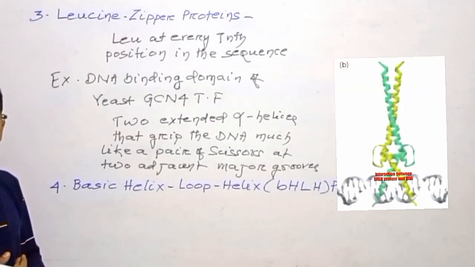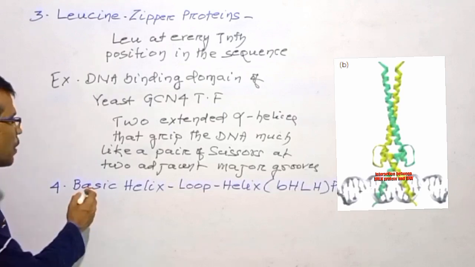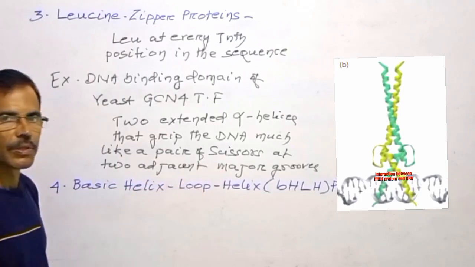Another class of DNA binding proteins is basic helix loop helix proteins.